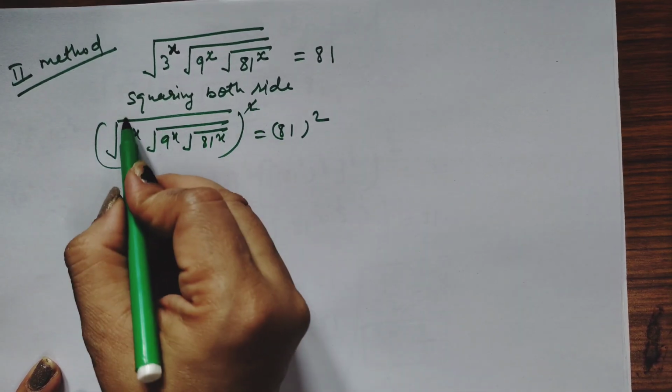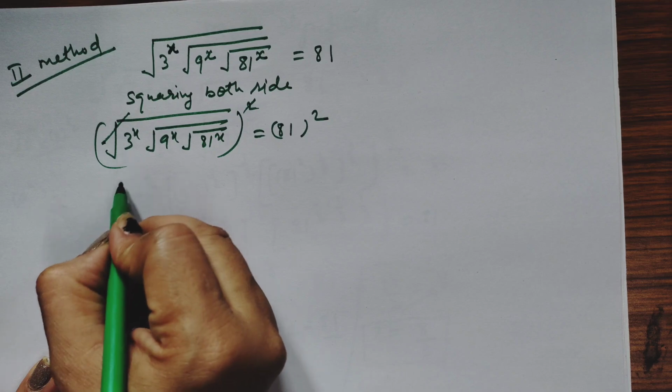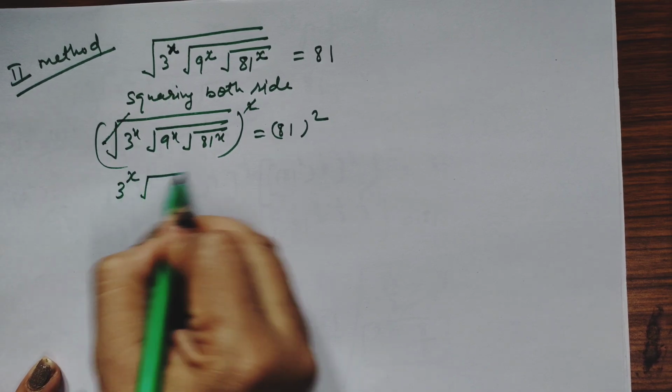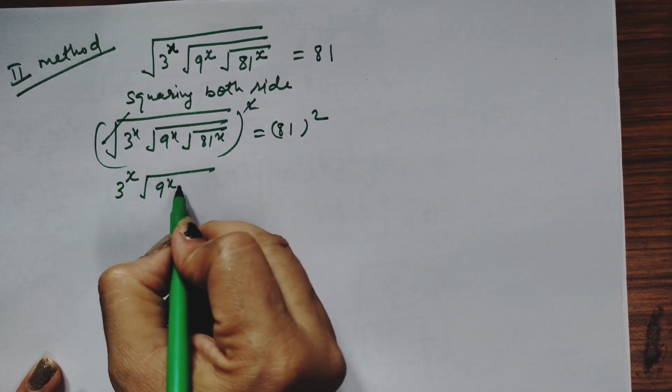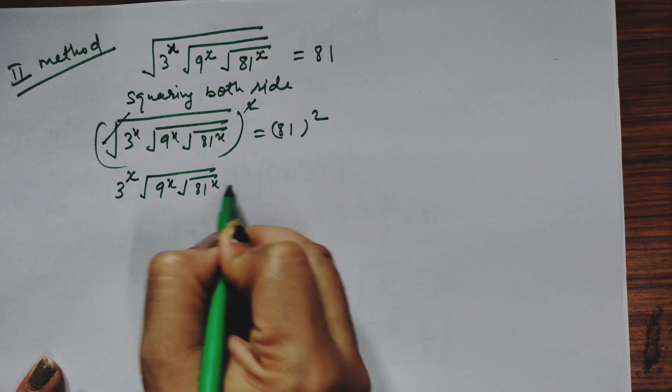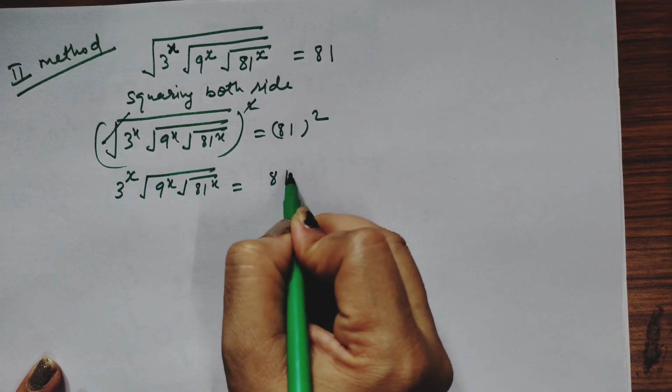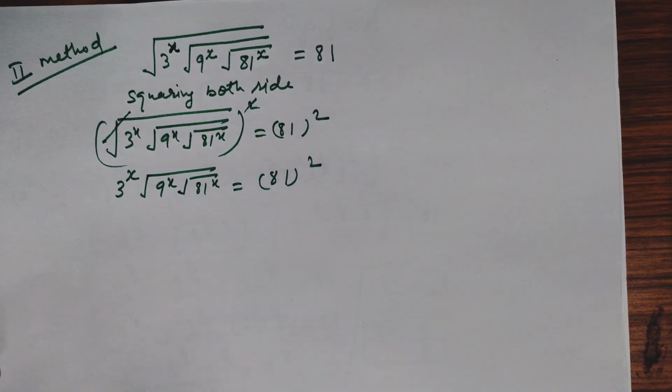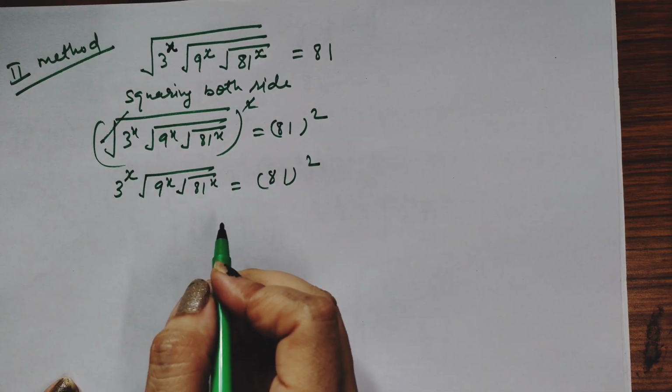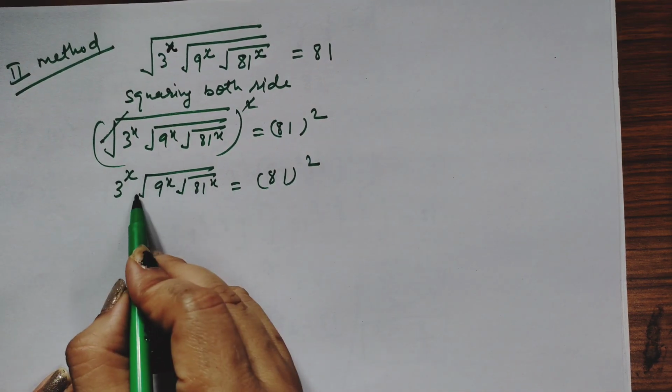So this square cancels out the first root. So only 3x is remaining and the remaining 2 roots are left. Similarly here the 81 power 2 is as it is. After that we will remove the second root.